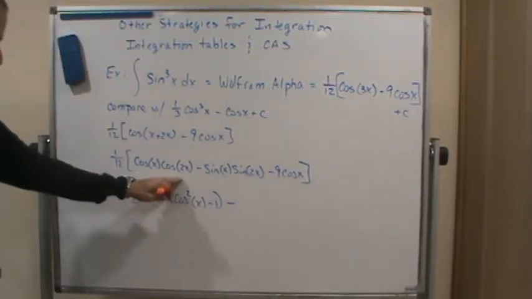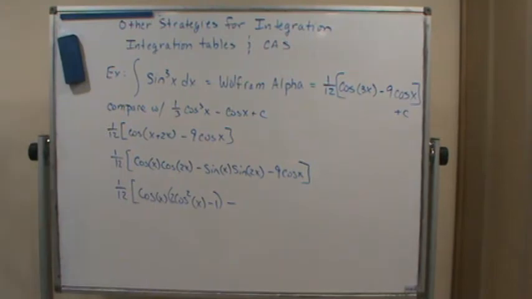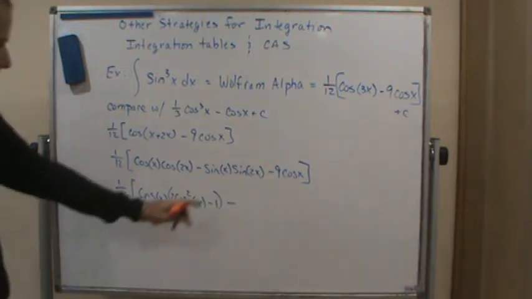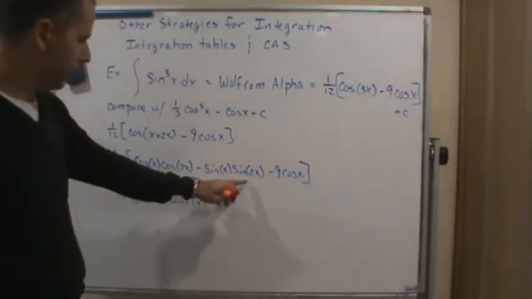Okay, so I just replaced cosine 2x with that one. And then the other one here, sine 2x.